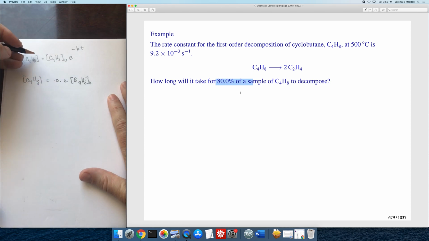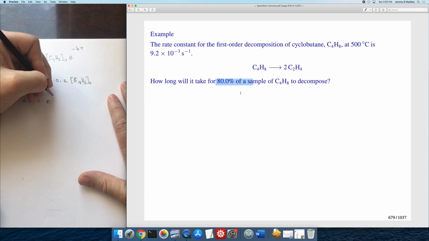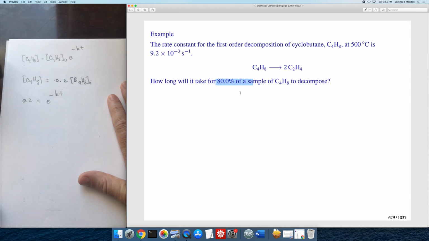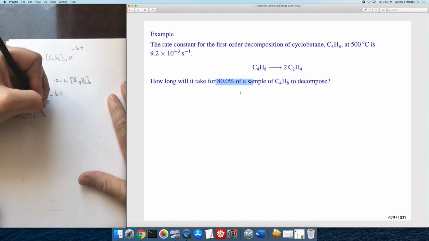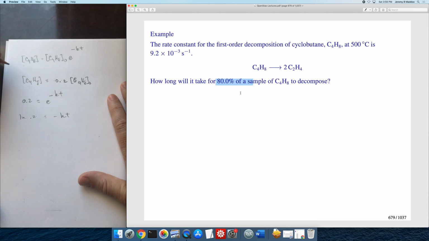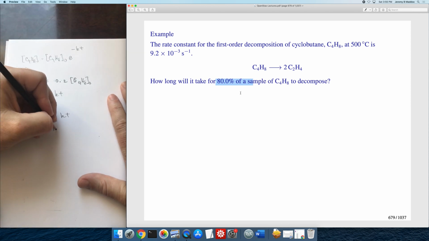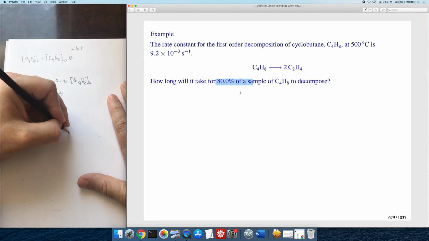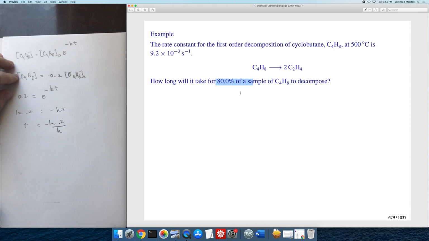And so if we plug this in, what you can see is that the initial concentration is going to cancel out. We don't actually need it. So we're going to wind up with 0.2 equals e to the minus kt. To get the time out, we take the natural log of both sides, solve for the t divided by k.